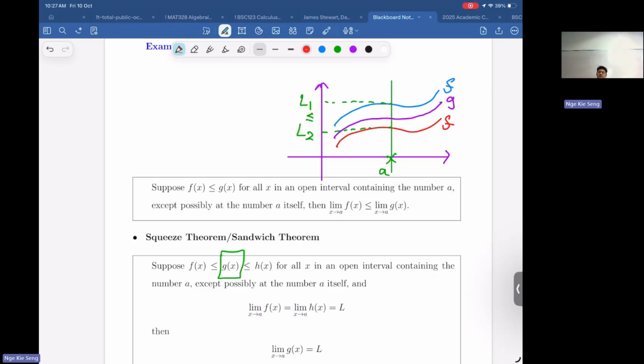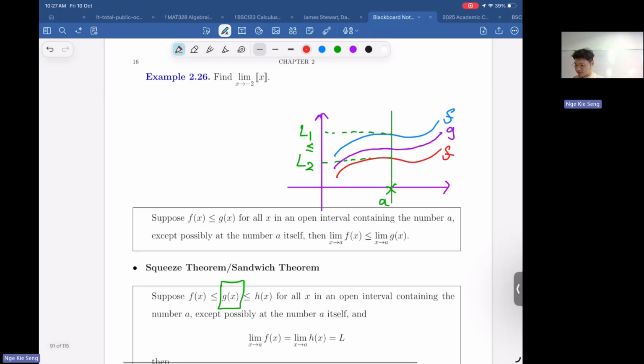What we care about is anything besides a. It must be squeezed. You get what I mean? For example, maybe here is nothing, and here also nothing. Maybe g I can define piecewise like this, and then f maybe I throw it down, and the red one I throw it up also can. Doesn't matter. But what I care about is around here, anything around here, except at a.